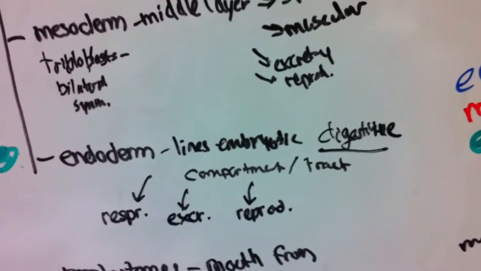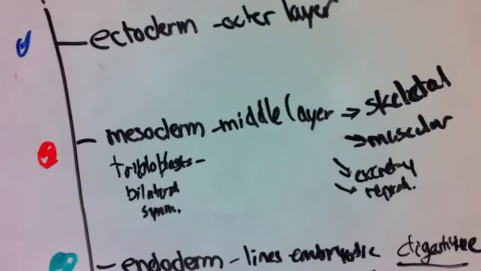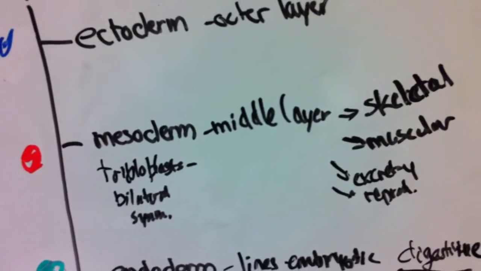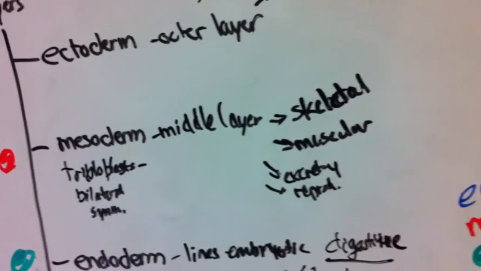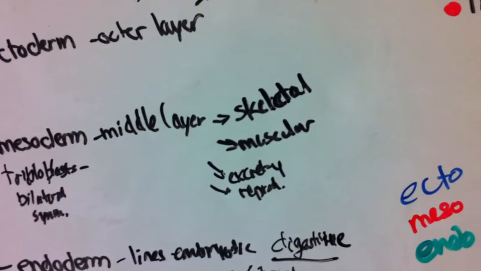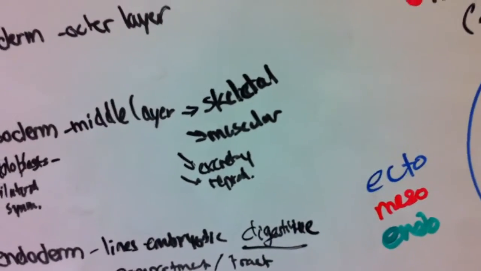It also consists of the respiratory system, the excretory system, and the reproductive system. Now, the mesoderm is for triploblasts, which are organisms with a bilateral symmetry. And it's considered to be the middle layer, and it'll serve for skeletal, muscular, excretory, reproductive functions.